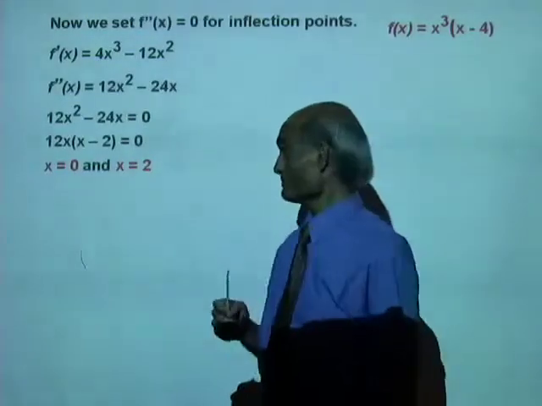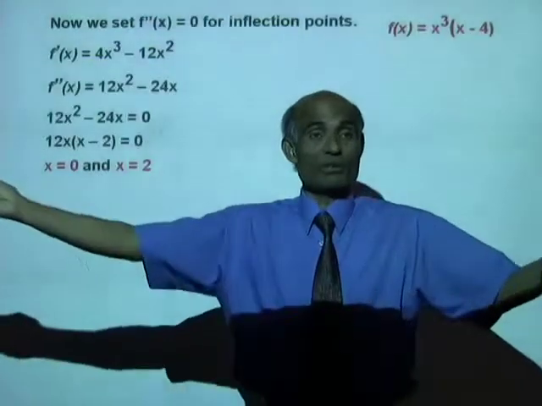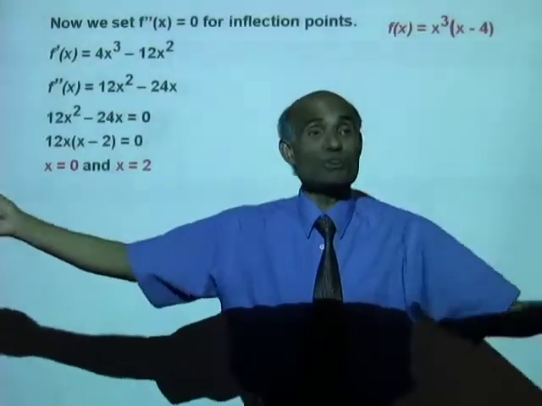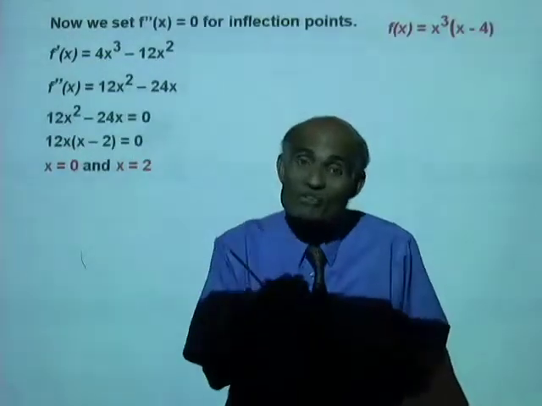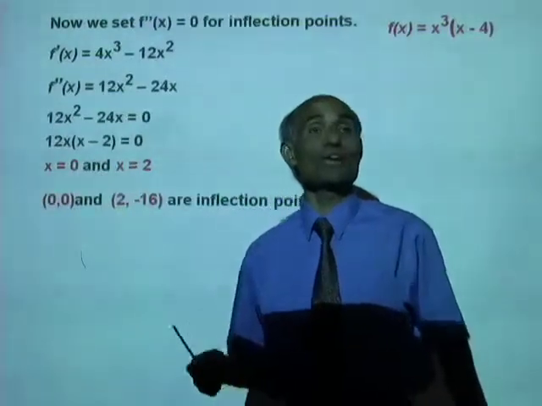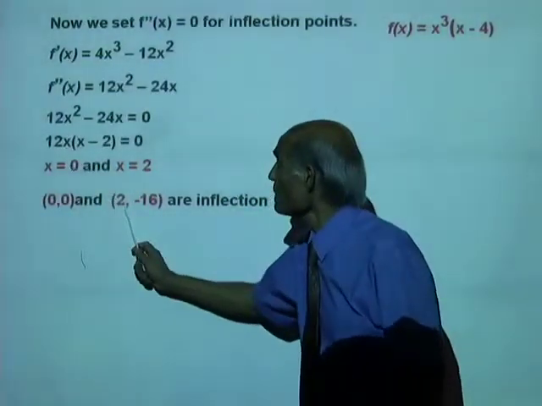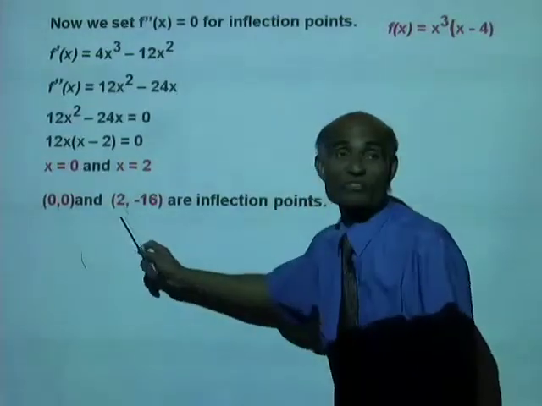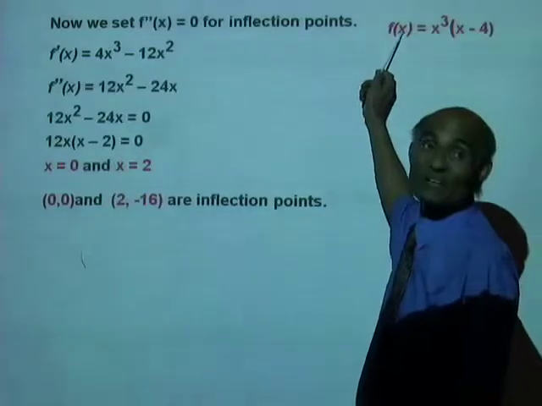Now, we can divide the domain of the function into 3 intervals to find where exactly we have concave up and where we get concave down. Now, (0, 0) and (2, -16): when x equals 2, y equals negative 16.